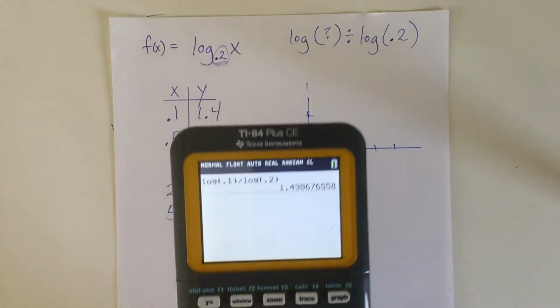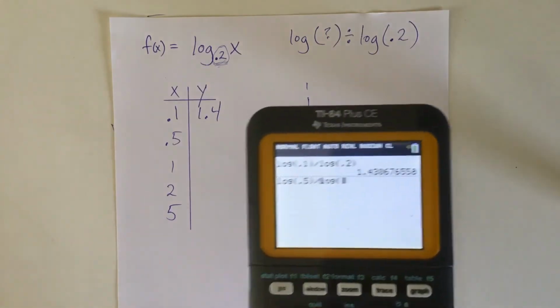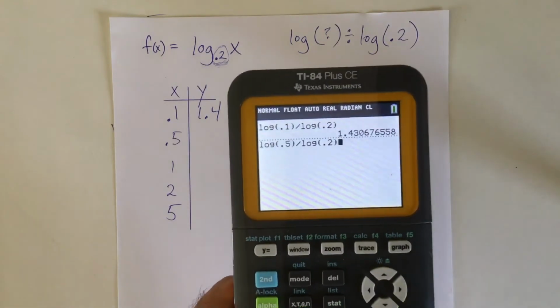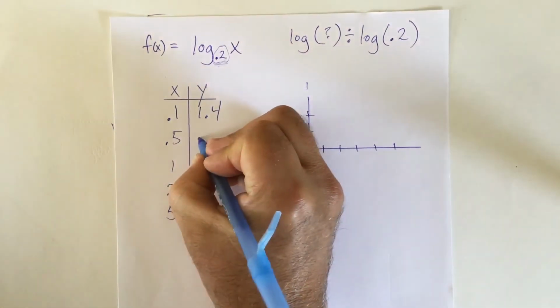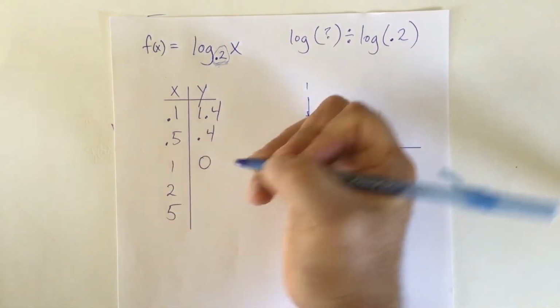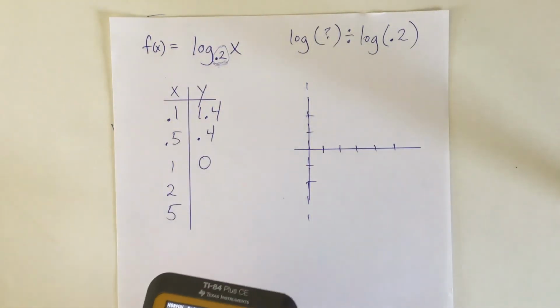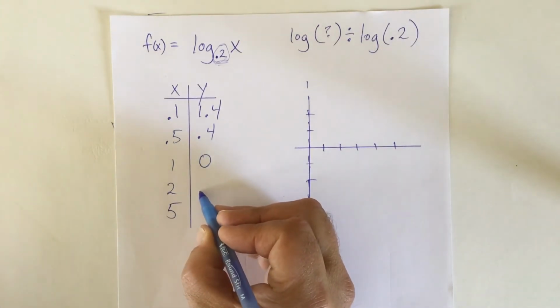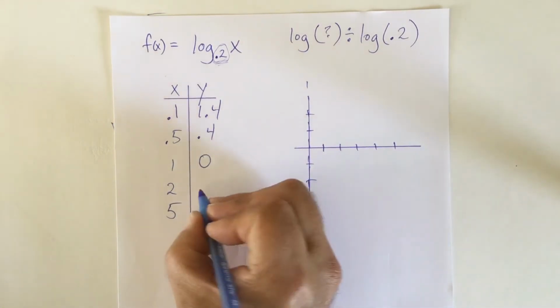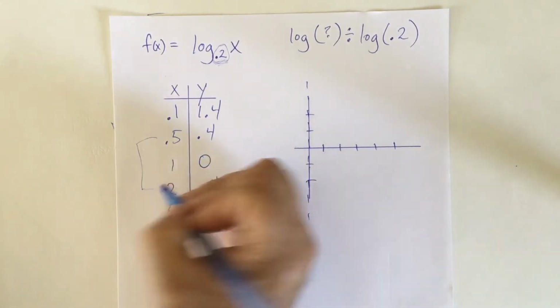I go again. Let's do log of 0.5 divided by log of 0.2. And I get 0.43, so I'm going to round that to the nearest tenth. This guy's 0. I don't even want to bother. Anytime I take the log of 1, I get 0. It's always the same. And can you guess what this answer is going to be? What's the guess here? I think it's going to be negative 0.4 because I like the fact that I noticed a pattern here.